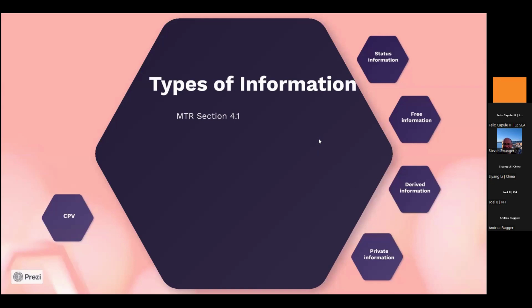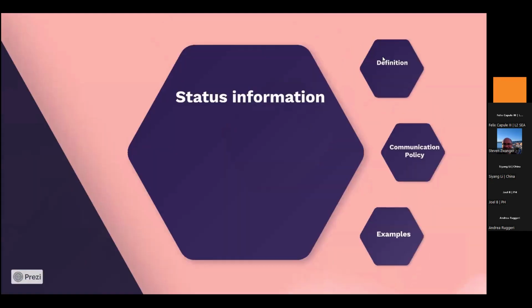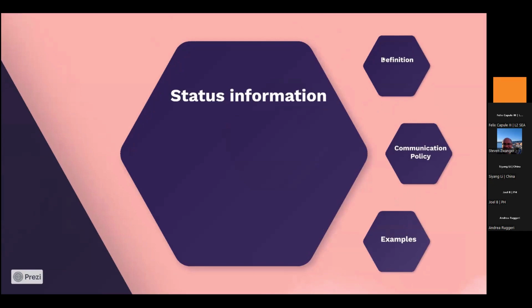The MTR divides any information, any communication in the game, into 4 types: status information, free information, derived information, and private information. So let's start with status information, which has the most restrictions on it.